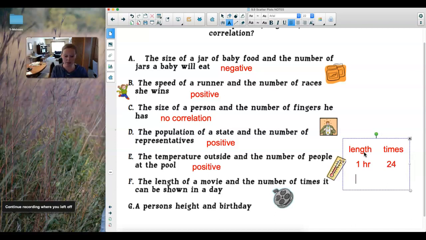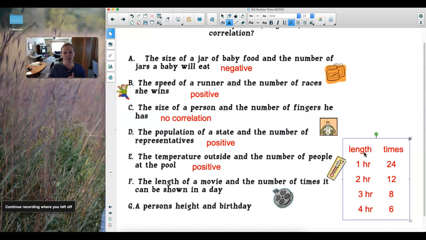If we have a movie that is 2 hours long, that means in one day it could be shown 12 times. If the movie is 3 hours long, it could be shown 8 times. If the movie is 4 hours long, that means the movie could be shown 6 times, and so on. So if the movie was 12 hours long, it could only be shown twice.